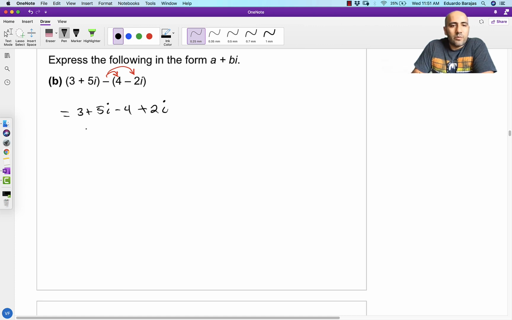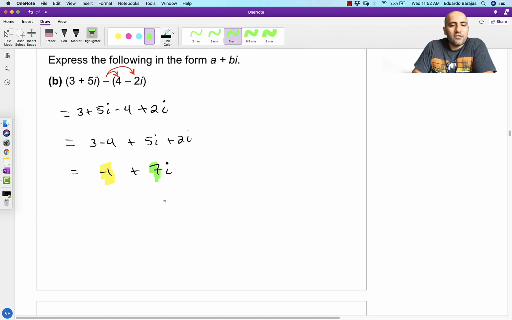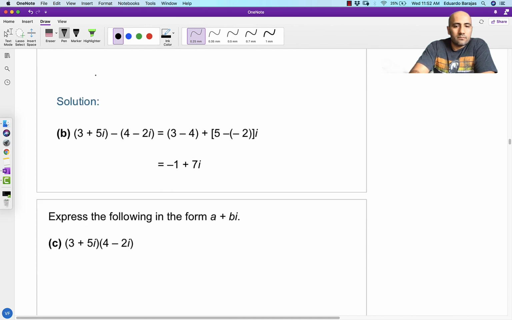Combining the like terms, we end up with 3 minus 4 plus 5i plus 2i, which will then give me negative 1 plus 7i. Right? Again, this is going to be the real part of my complex number solution, and this is the imaginary part of my complex number solution. Negative 1 plus 7i is what the author did, same thing.